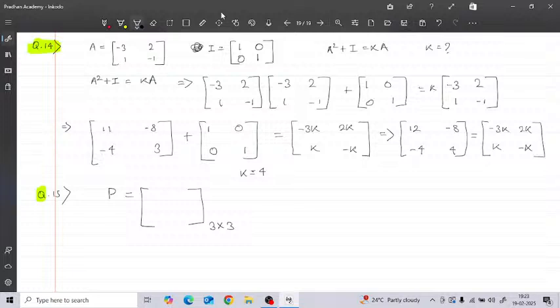Then they will ask you to represent it as a sum of a skew symmetric matrix and a symmetric matrix. This is also a note. Write a note here.